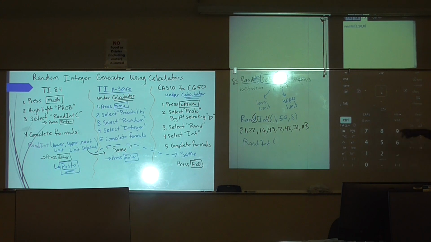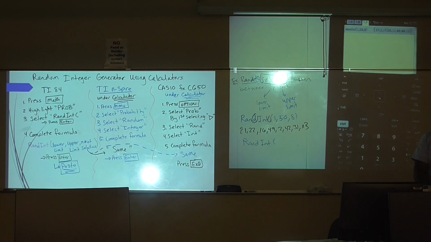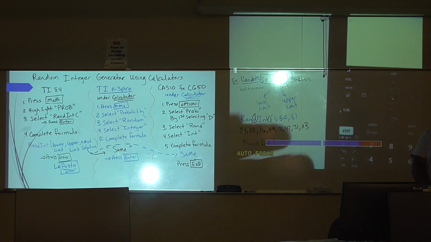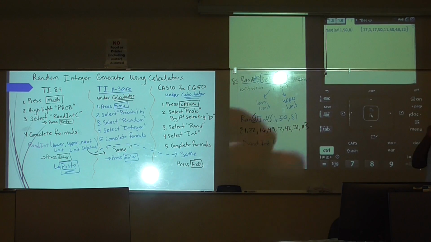So all we have to do now is press enter. And it generates a random sample selection. Hope you can see it. I'm now going to zoom in a little more so you can see the result. Oops, wrong one. But that's what's happening.